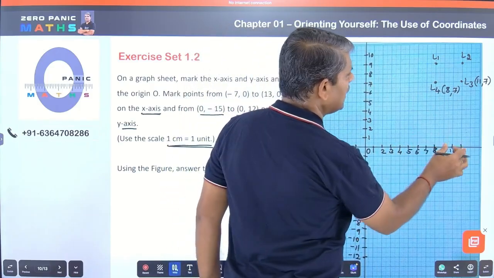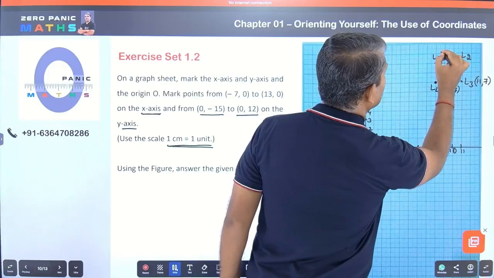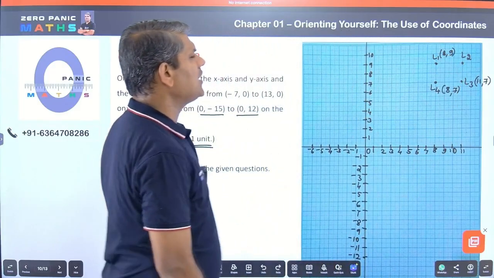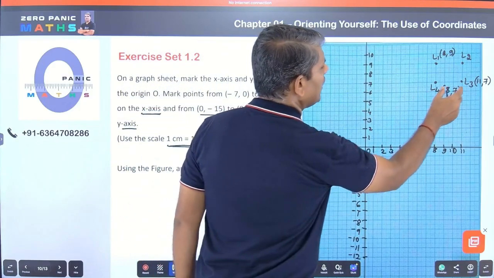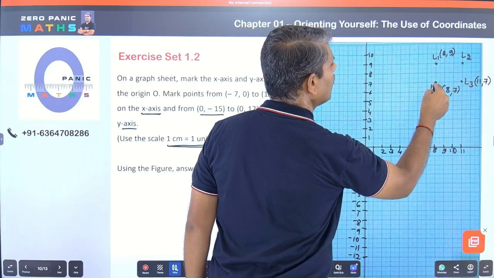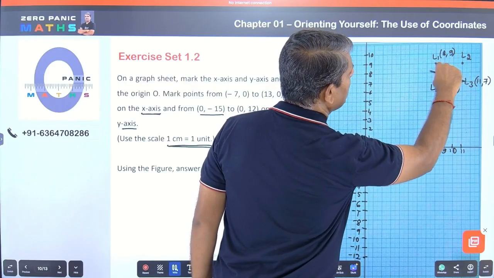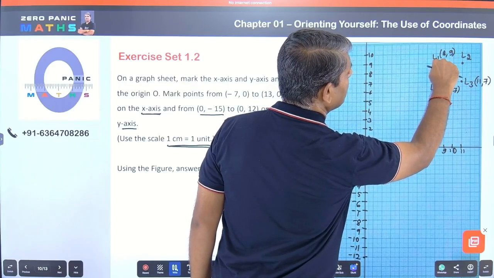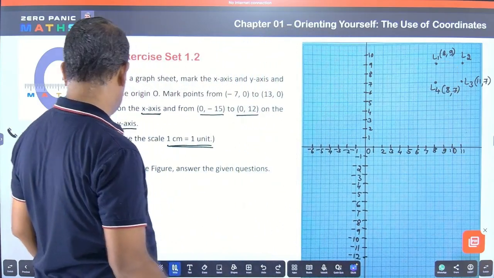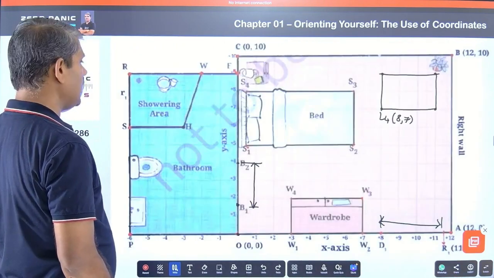That's why I'm representing these coordinate values also. So L1 is 8, 9. You can say the width of the table is the x coordinate difference between L3 and L4, and the length is the y coordinate difference between L1 and L4. First of all, find out the length.